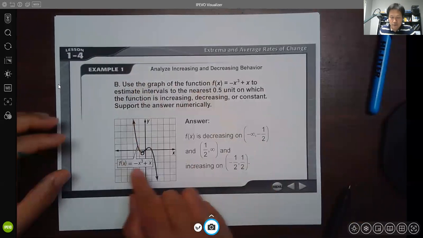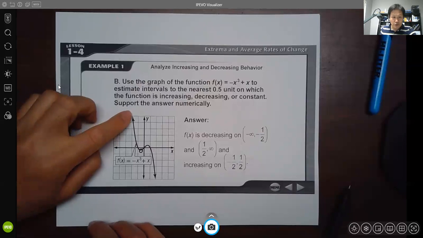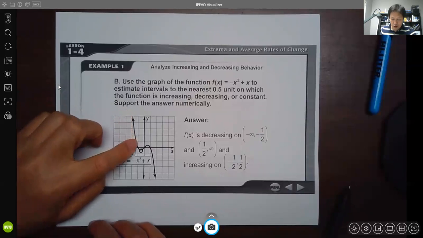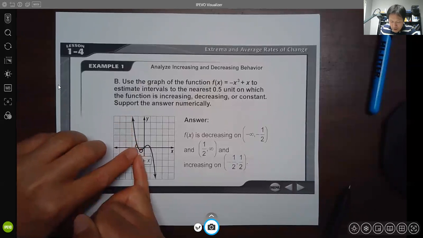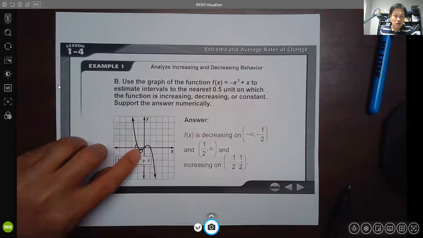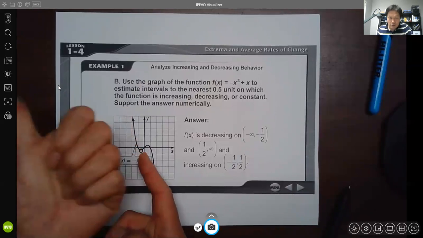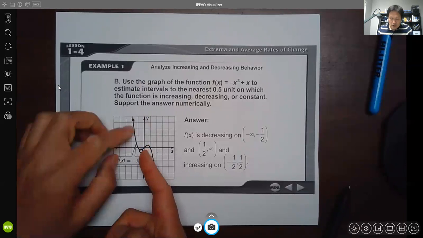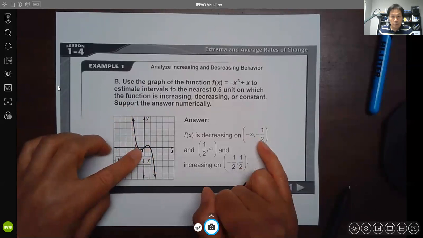Okay, use the graph. You're answering as decreasing and increasing. So as you can see, decreasing, decreasing up to here. Whatever that value is, it's probably like minus 0.5, I would say. So decreasing from minus infinity, left to forever, to minus 0.5.